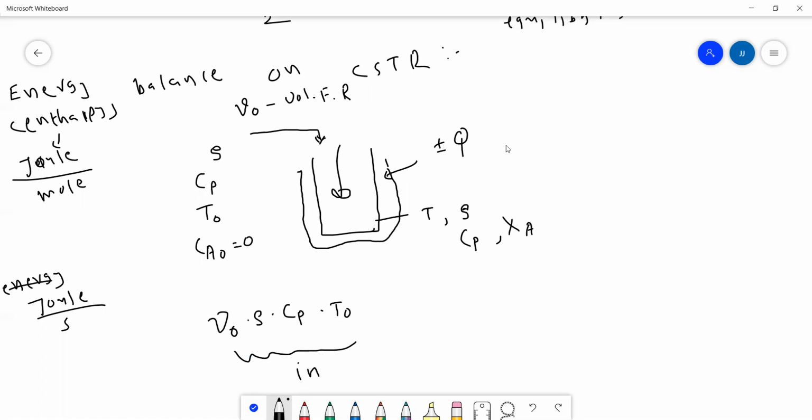Let me simply write: energy in is equal to energy out, plus energy generated or consumed due to reaction, depending upon whether the reaction is exothermic or endothermic.